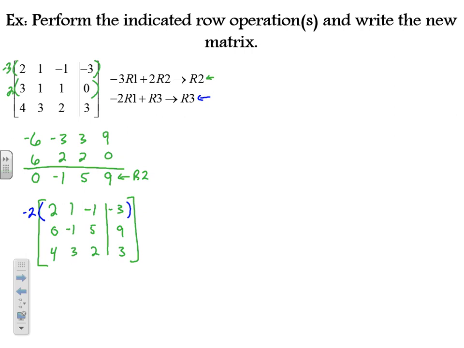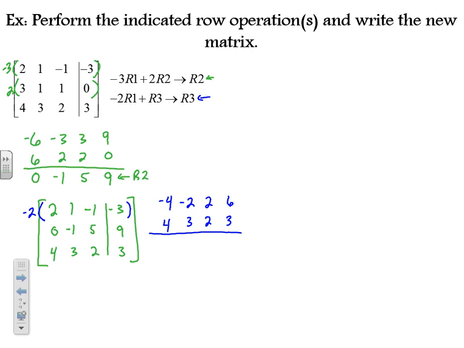So I'm going to go ahead and put this to the right here. -2 times +2 gives me a -4, a -2, a +2, and a +6. And we're not doing anything to row 3, but we're going to add it to row 1. So 4, 3, 2, and 3. We're going to add those things together.